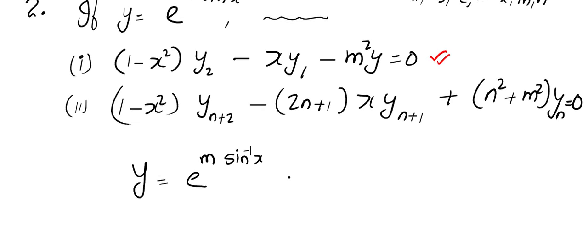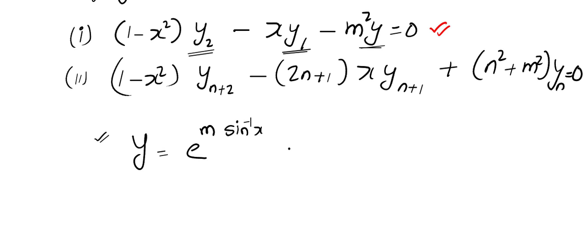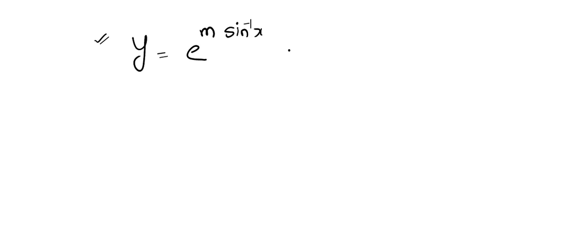And as I told you in the last video, by looking at the first expression, I know that we need y, which is the given question. We need y1, we need y2. So don't think too much. Just differentiate with respect to x and find the first derivative, which we denote by y1.